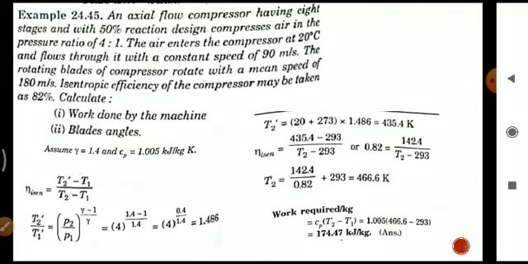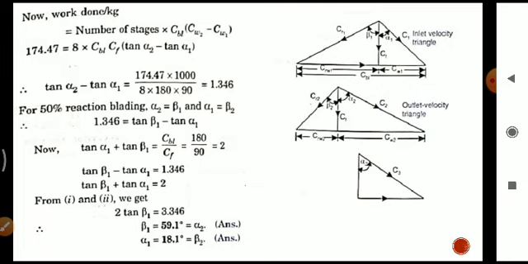They have given the reaction as 50 percent, and for 50% reaction, alpha 2 is equal to beta 1 and alpha 1 is equal to beta 2. Substituting the values, alpha 2 is replaced by beta 1, so tan beta 1 minus tan alpha 1 is equal to 1.346.